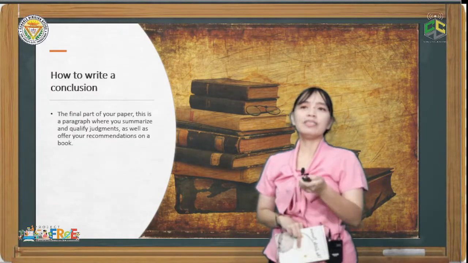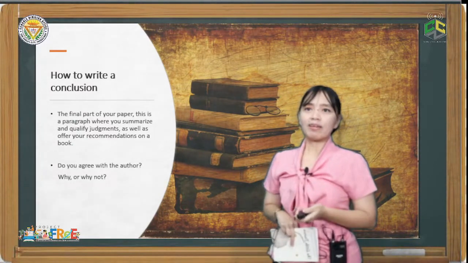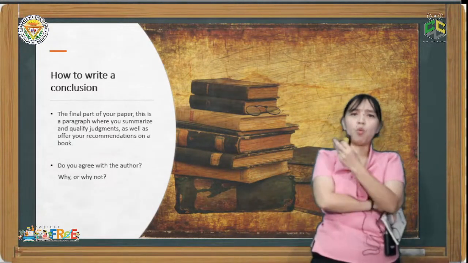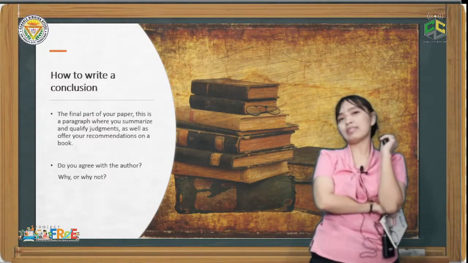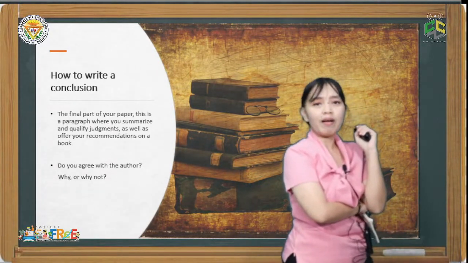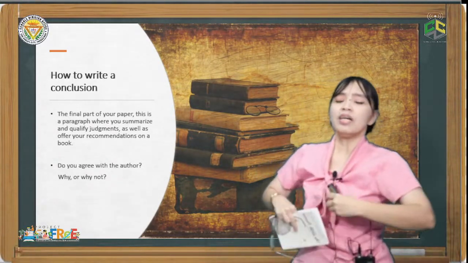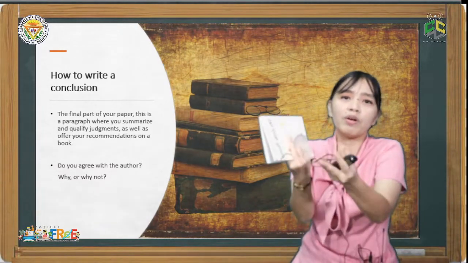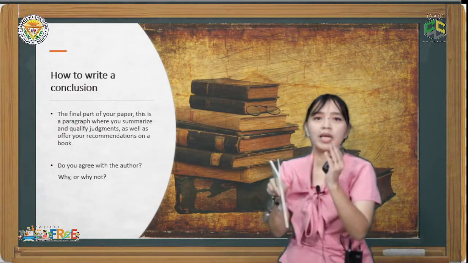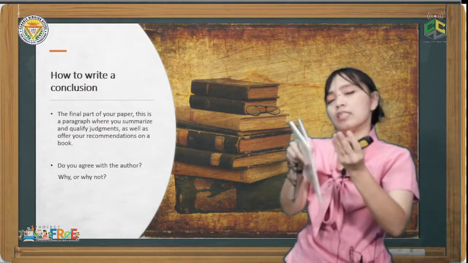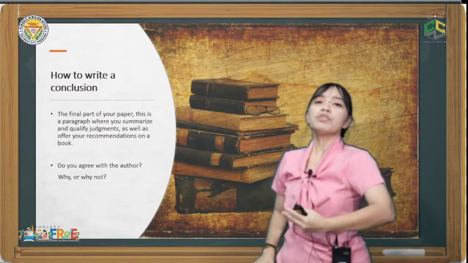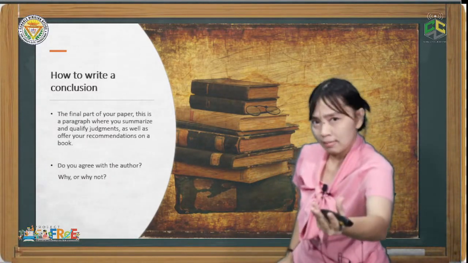Okay, very good. Now, the next thing is the question, do you agree with the author? Why or why not? If your answer is yes, I do agree with the author, you need to establish all those viewpoints that made you agree with the ideas presented by the author. But if you do not agree, then you have to do it intelligently as well.